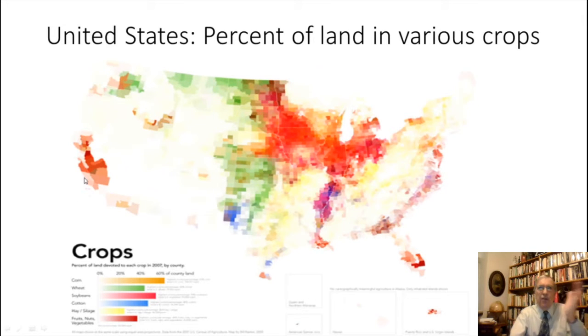I mean, they do have some citrus there, but almonds and pecans and walnuts and all this is particularly grown in California. The green is wheat, so you see the northern wheat belt in the Dakotas, and then the more southerly wheat belt through Nebraska, Kansas, Oklahoma Panhandle, and so on.